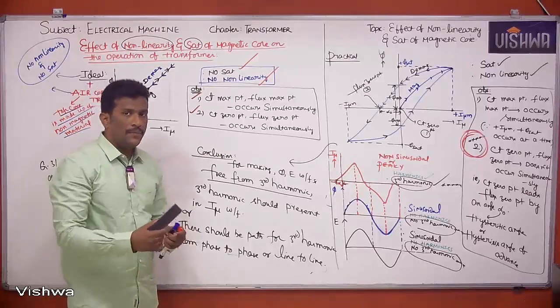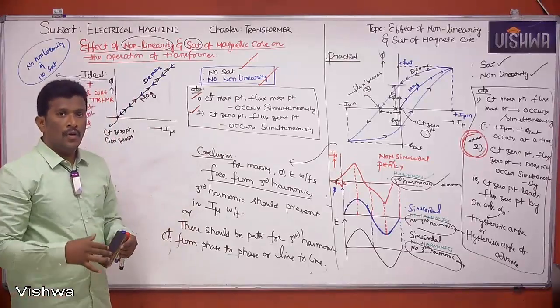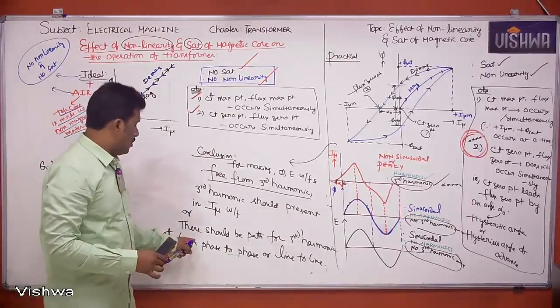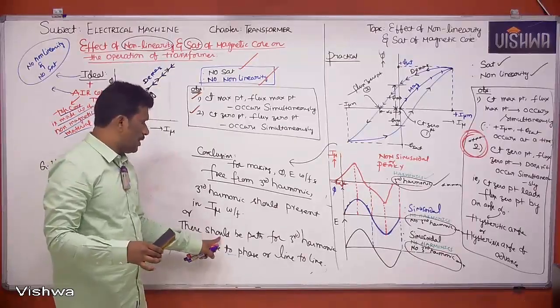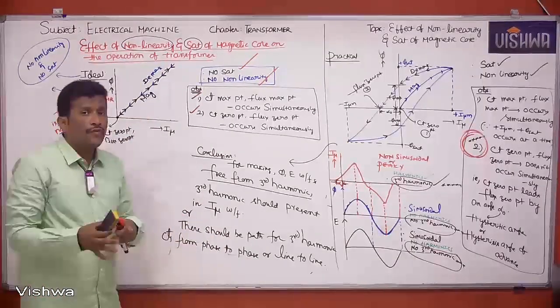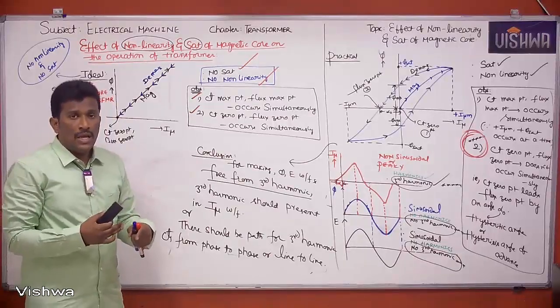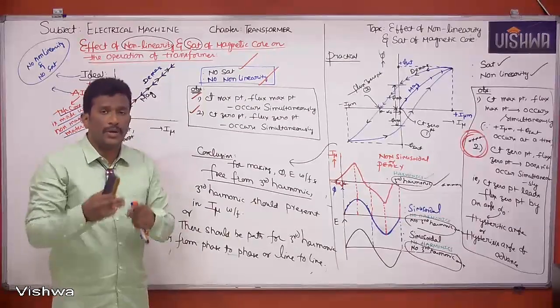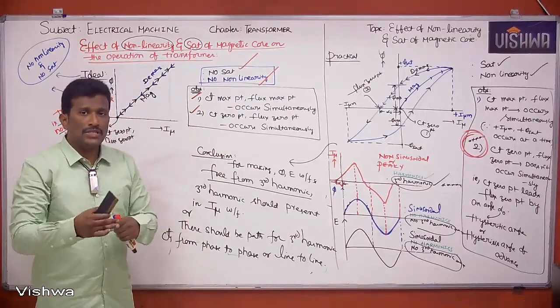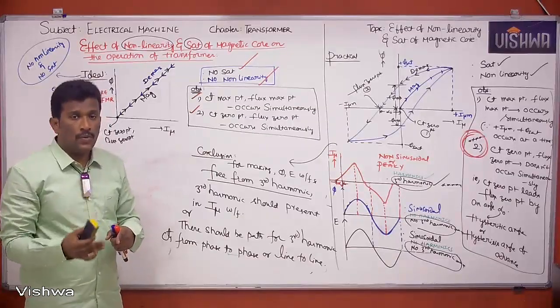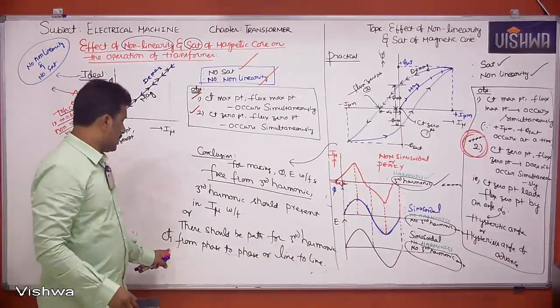In the next session we'll discuss, not only for third harmonic current, any current, if it wants to flow from one phase to another phase or one line to another line, it has to satisfy one property. We'll see what is that property, whether it is satisfied by these third harmonic currents or not.